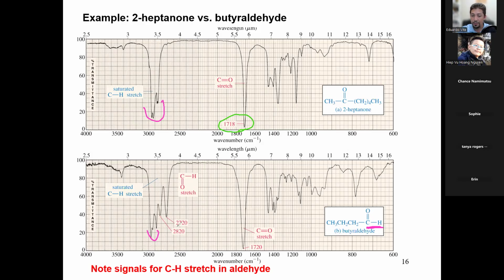So you see there's two signals here at 2720 and 2820. They're a little bit lower wave number than the rest. Those are specifically this one right here. This is what we call an aldehyde CH stretch. Right there. Aldehyde CH stretch.